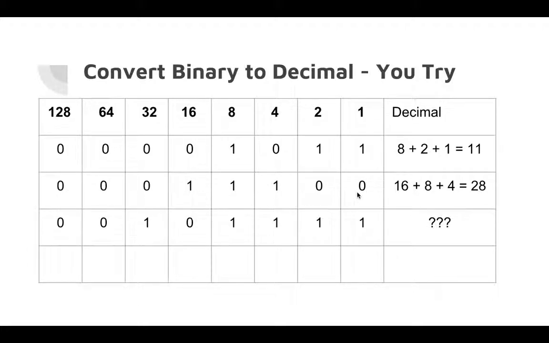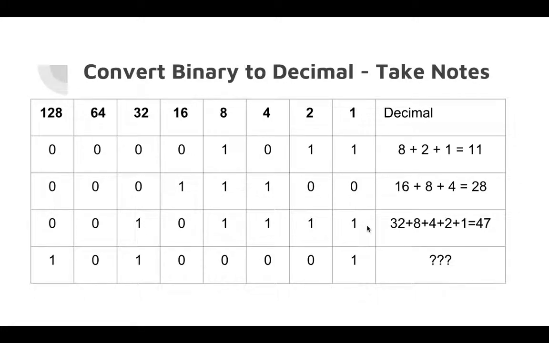Okay, I'll do another one. Again, we just count up where there's ones. So there's a 1, a 2, a 4, an 8, and a 32. I'm going to add up 32 plus 8, which is 40, plus 4 is 44, plus 2 is 46, and 1 is 47. And that's what that is.